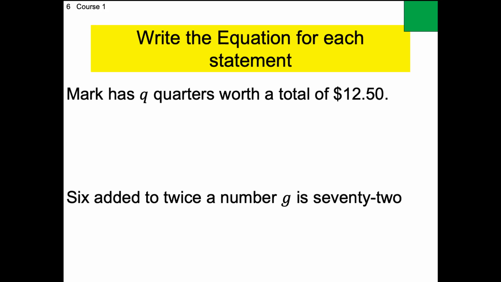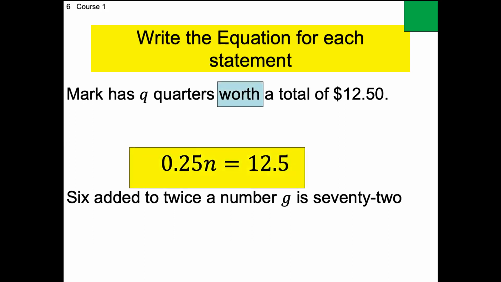Say again? 0.25. How did she get that so quickly? She divided by 100, or she just moved the decimal place twice to the left, sorry. There's your answer, by the way, in dollars, and here it is in cents.